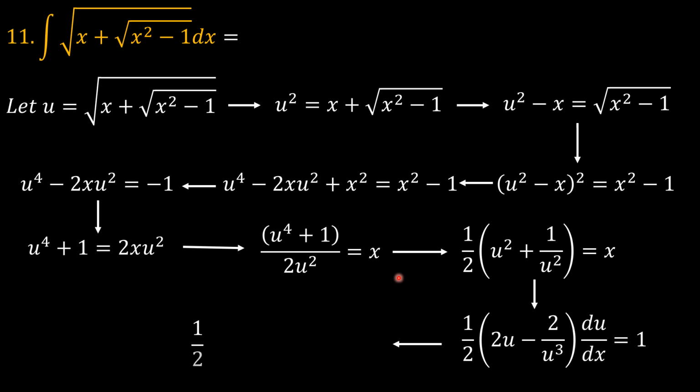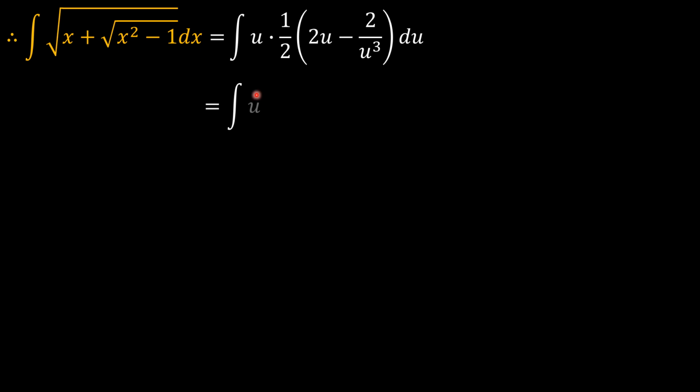And that means that we could now say that half times 2u minus 2 over u to the power 3, du, can be used to substitute for dx.